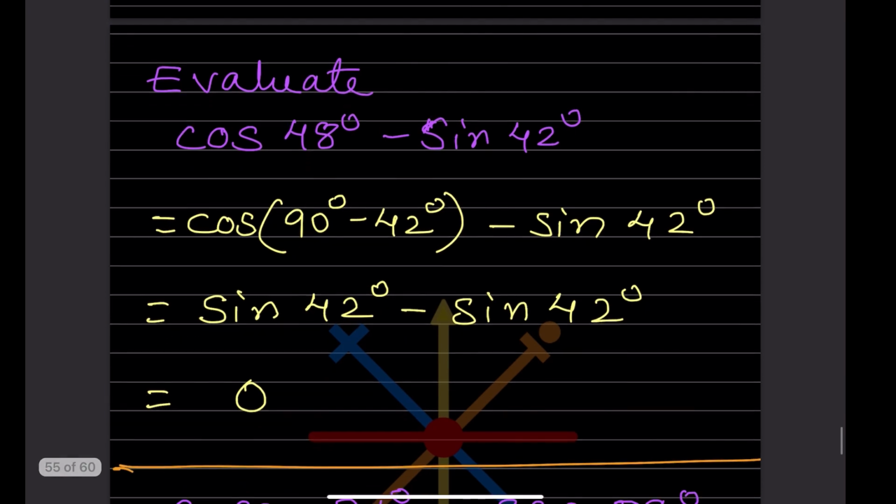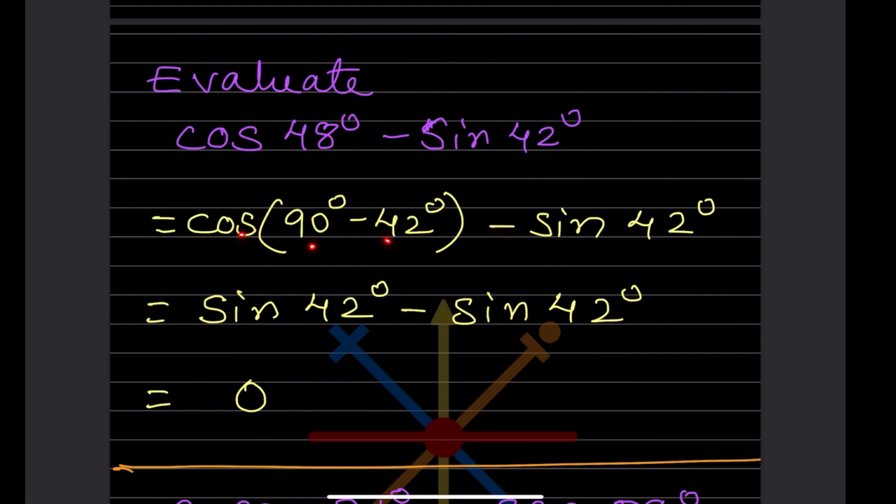Now here they said evaluate cos 48 degrees minus sin 42 degrees. So now again, because we cannot solve this, this is cos and this is sin. So we can do one thing over here, because this is a smaller one, we can change this. So what we can write here, cos(90 minus 42) minus sin 42.